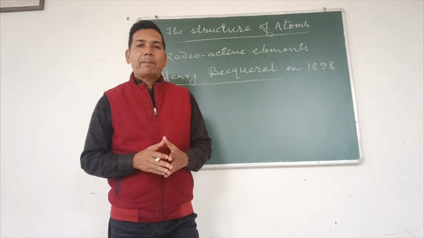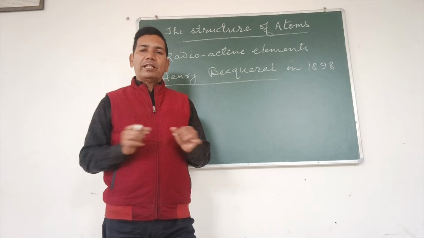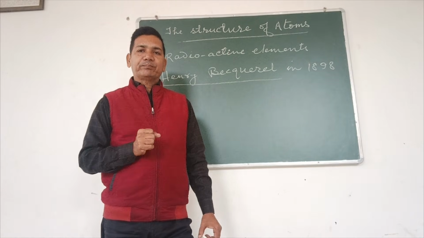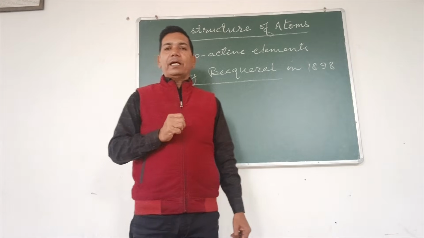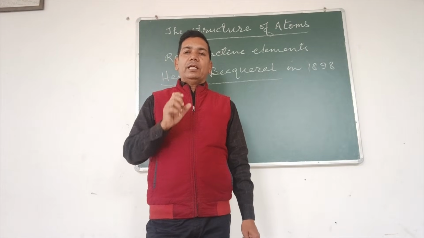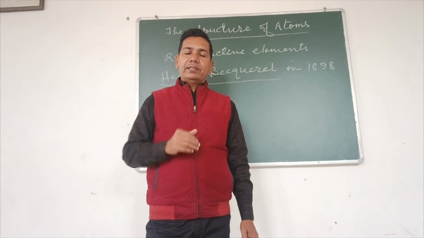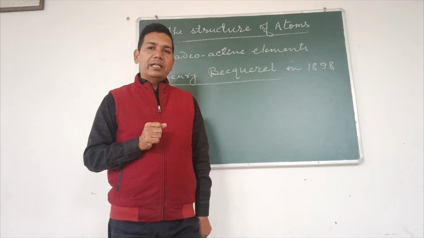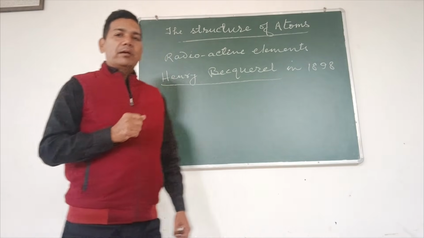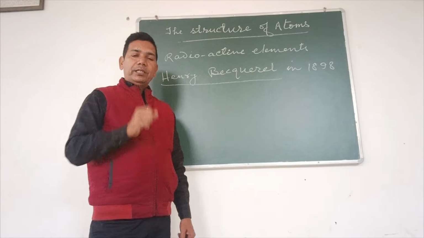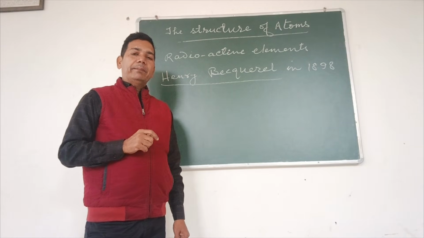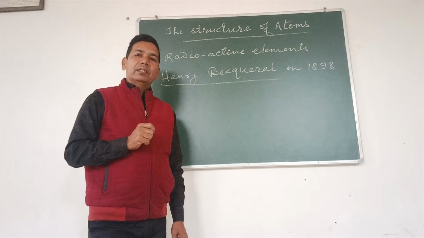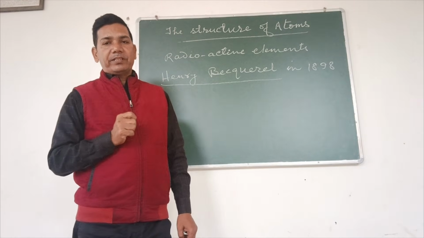Henry Becquerel had a very small dark room in which there was a cupboard, an almirah. In that almirah, a camera roll was already placed. One day, Henry Becquerel brought a packet of uranium and placed it in the same almirah along with the camera roll.